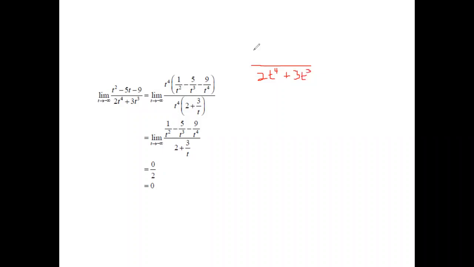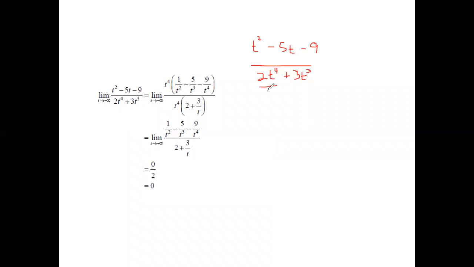Okay, the numerator is what? t squared minus 5t minus 9. So the highest degree of the polynomial is what? t raised to the power 4 here, right?